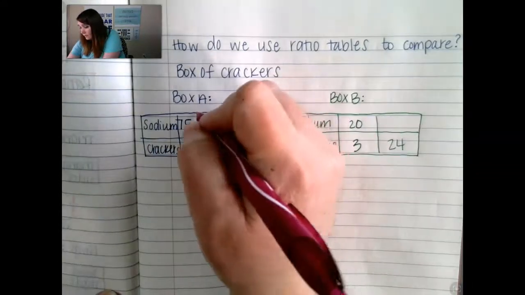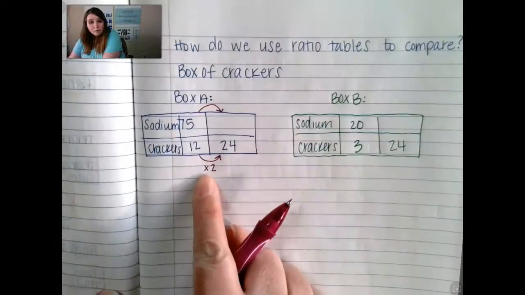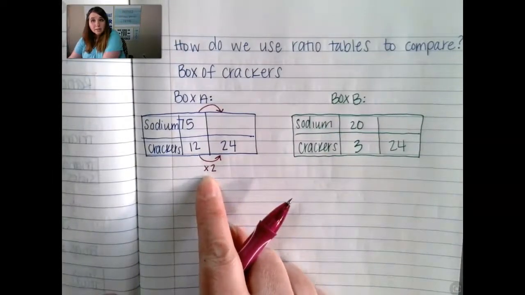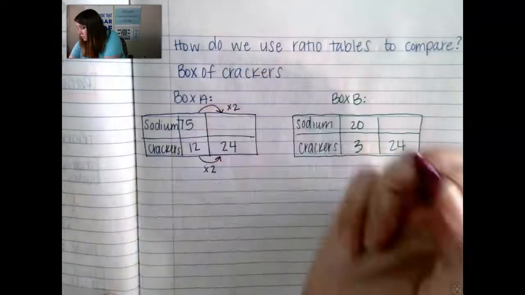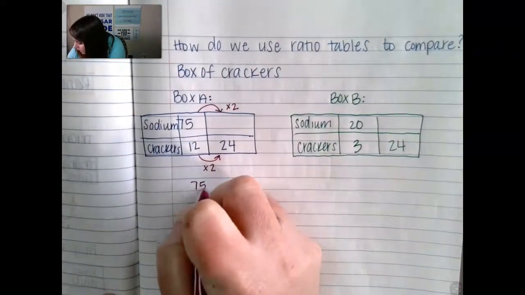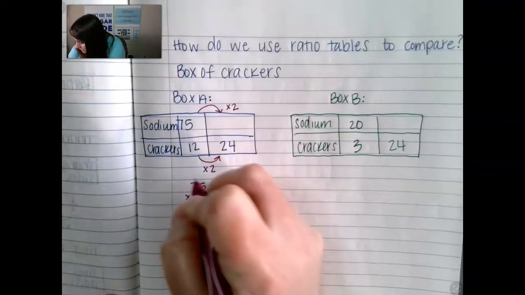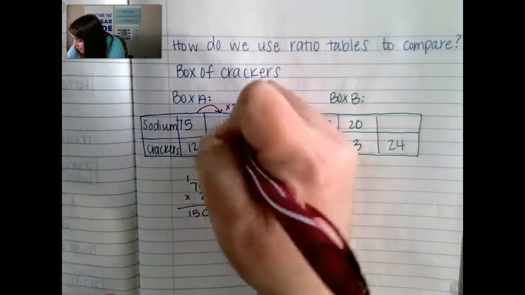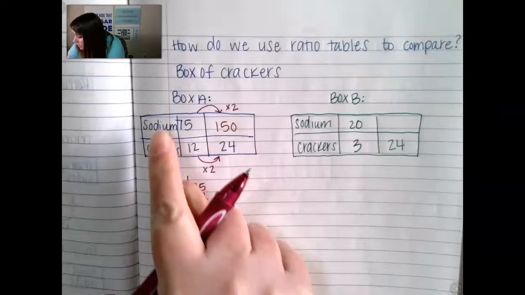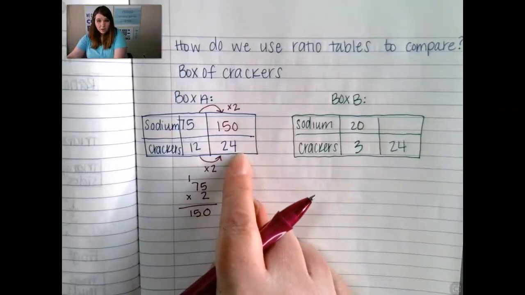To get from 75 to the empty box, I also have to multiply by 2 because we have to keep it equivalent. So 75 times 2 is 150 grams of sodium when I eat 24 crackers.